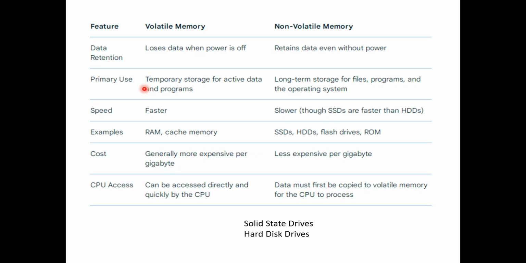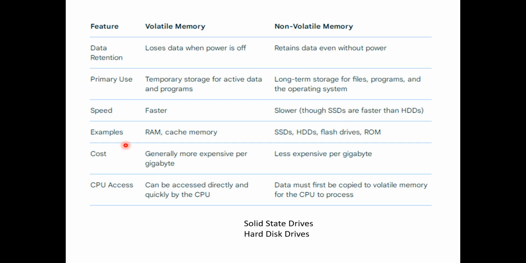Second one, primary uses. Volatile memory is temporary storage of active data and programs, but non-volatile memory is long-term storage of files, programs, and operating systems. And the third feature is speed. Volatile memory is faster, but non-volatile memory is slower than RAM, though SSD is faster than HDD.